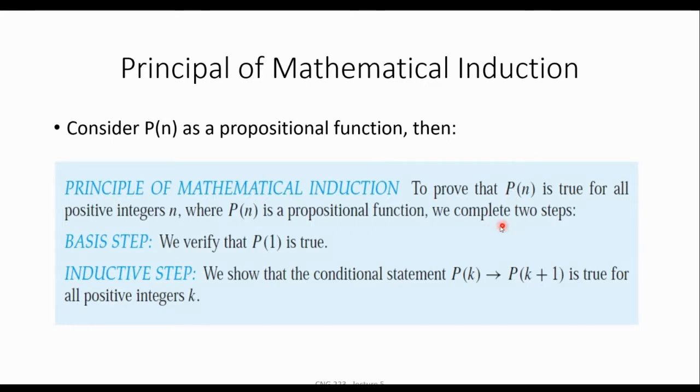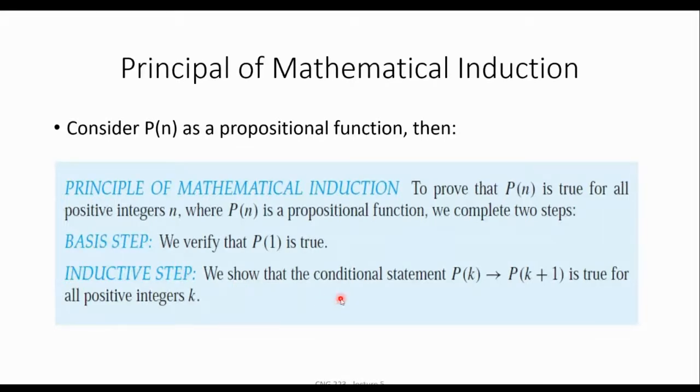Then we should complete these two steps in order to solve the problem. First step is the basis step, to verify that P1 is true. It could be P0, it could be P1, it could be P5, the initial step. The next one is the inductive step.